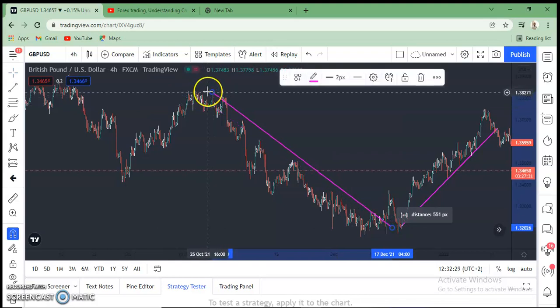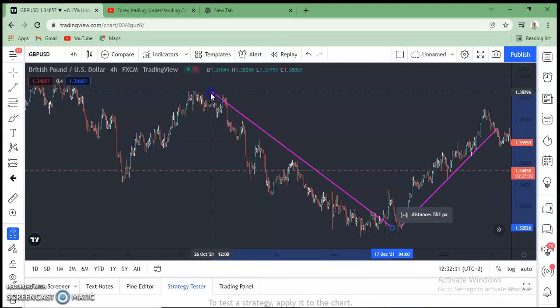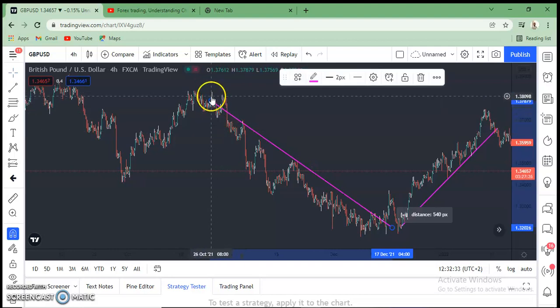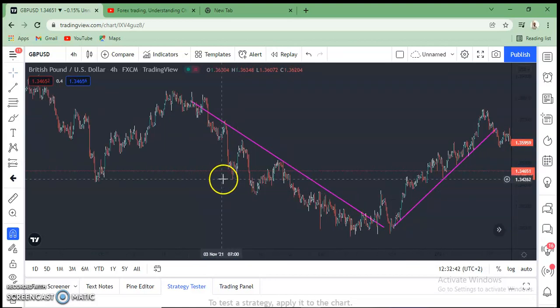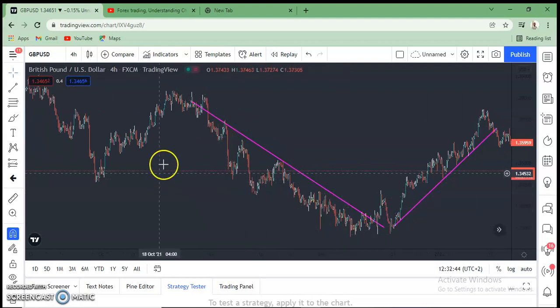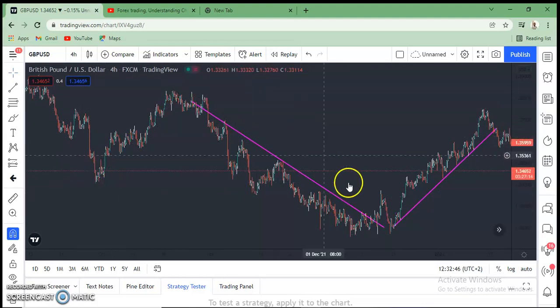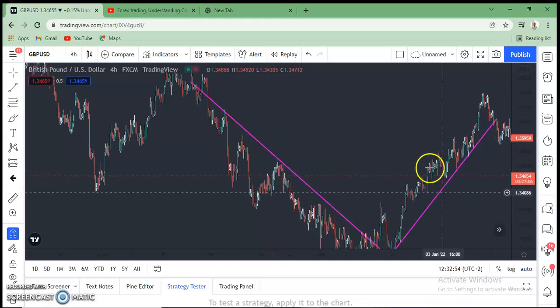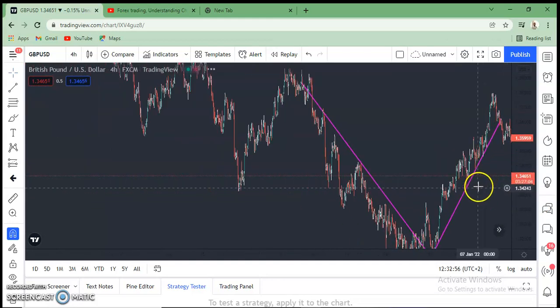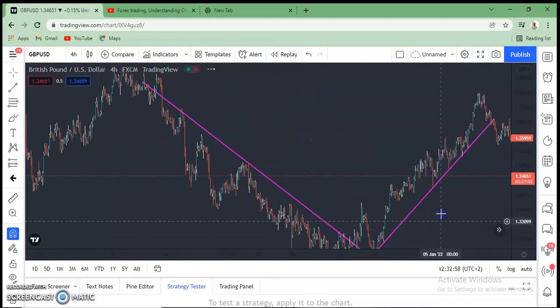There is one point here, another point here, another point here. That is a downtrend. When it is a downtrend, we draw the trend lines at the top. When it is an uptrend, we draw the trend line at the bottom.